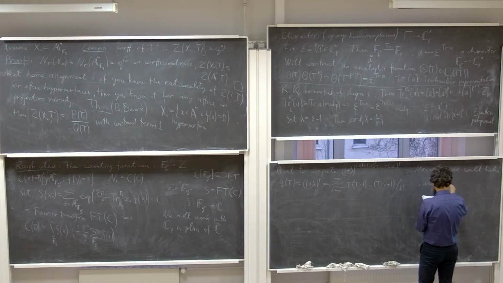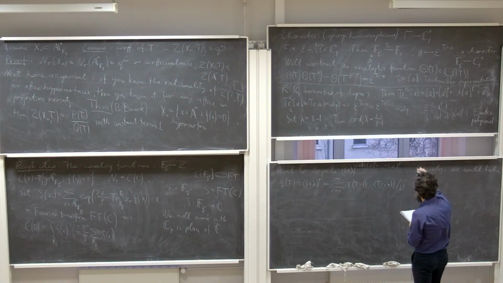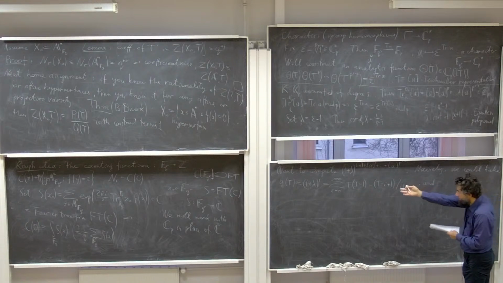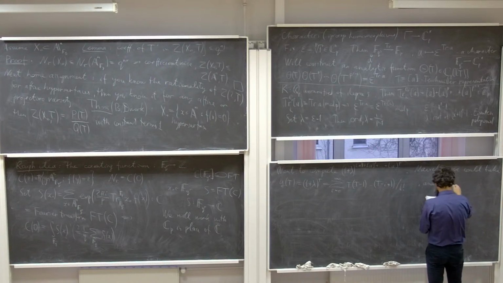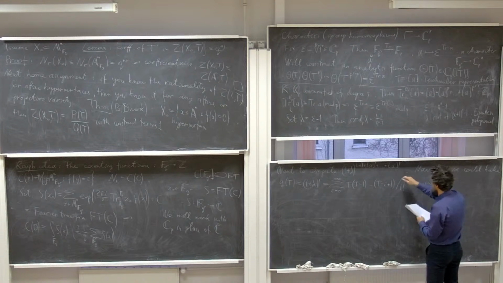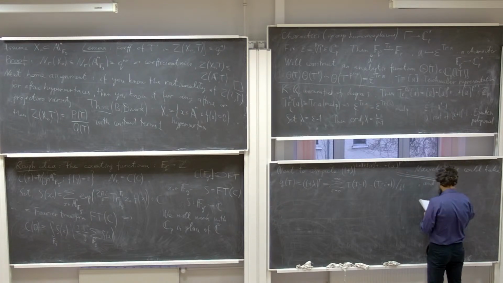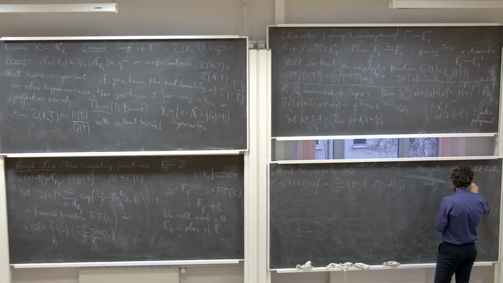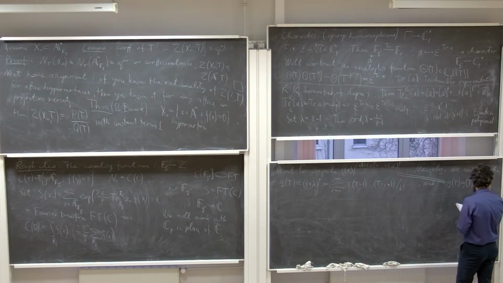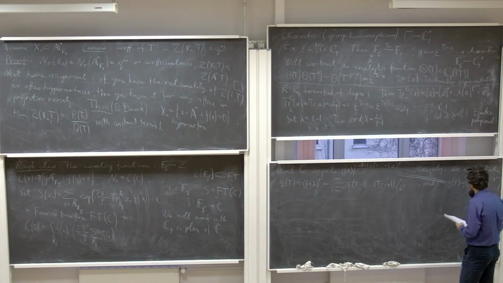Then our function theta, naively, we want this g. So this would be equal to g of t to the power p, and so on, g of t to the power p minus 1.